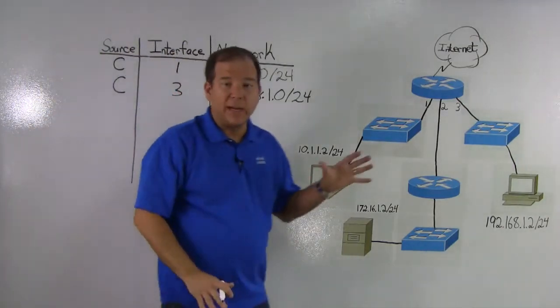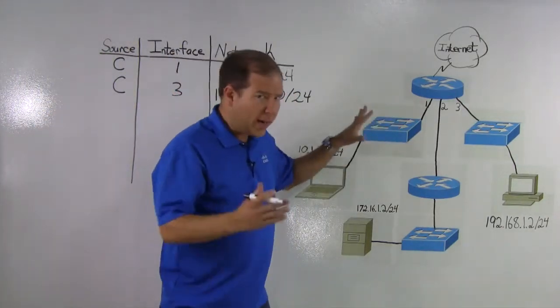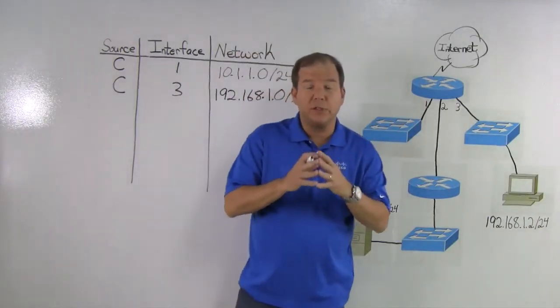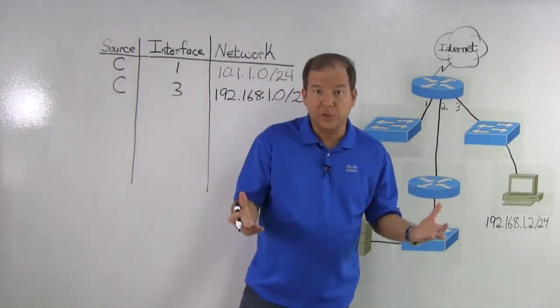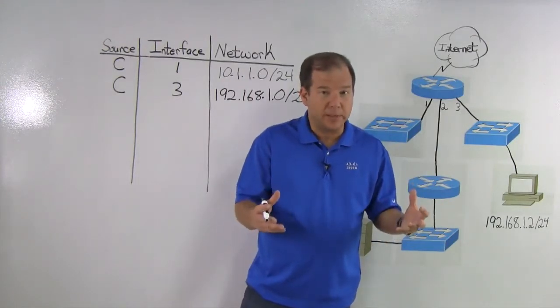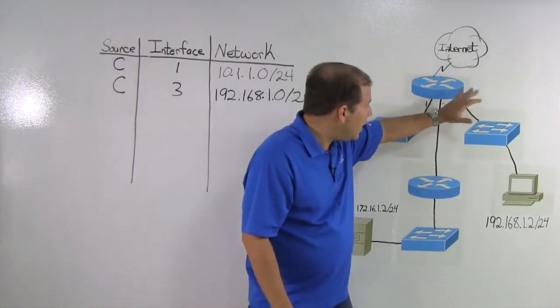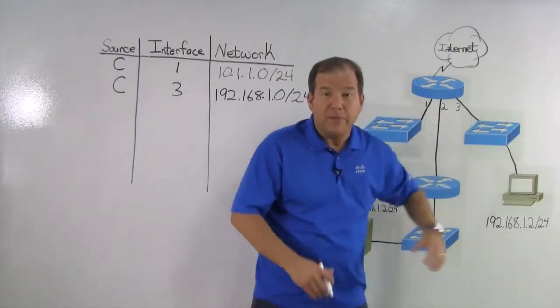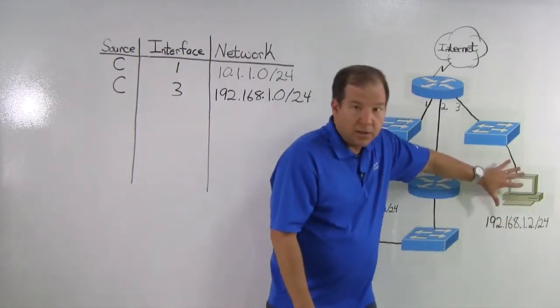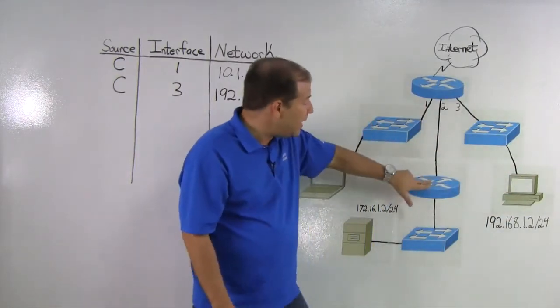Now, when I say it's directly connected, you might say, hold on, it's not directly connected. We have a switch in the middle. Well, remember that a switch does not separate broadcast domains. In other words, it doesn't separate network address spaces. Everything off of this router, all the way through this switch, that's part of the same network address space. So this is connected.